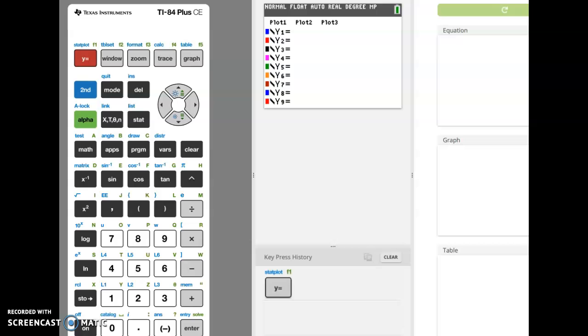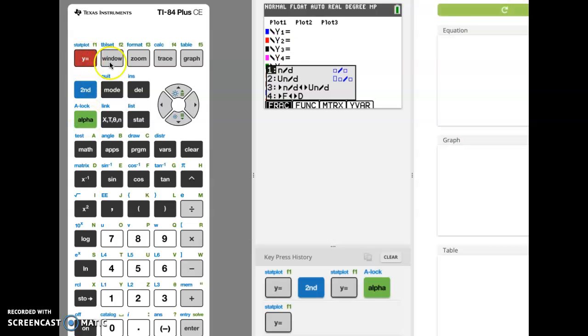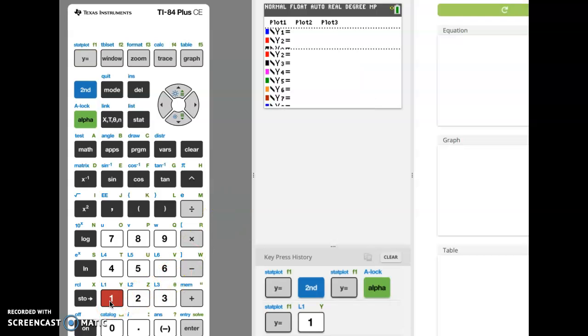Alright, I'm going to be plugging this in my calculator, and to make it easier, I'm going to go alpha y equals, there we go. And I want to pick option 1. So again, I did alpha y equals, and that gave me the fraction menu. I want to pick option 1. Okay, so then it actually gives me a fraction. It's a lot easier to do it that way. You don't have to. I don't want to hit store.